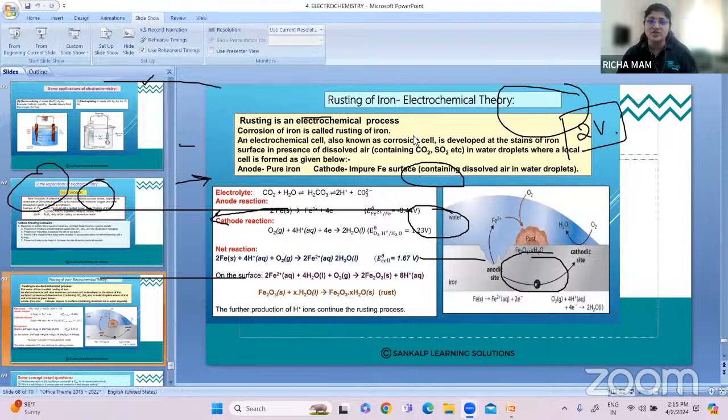Solutions I have already solved, and now we will solve some electrochemistry questions. Keep practicing the types of questions asked in the exam, and you can score well in problems.